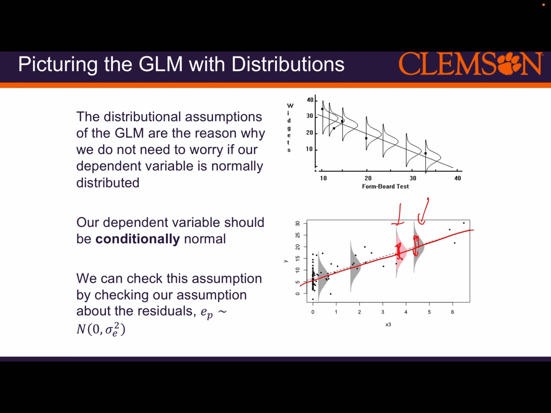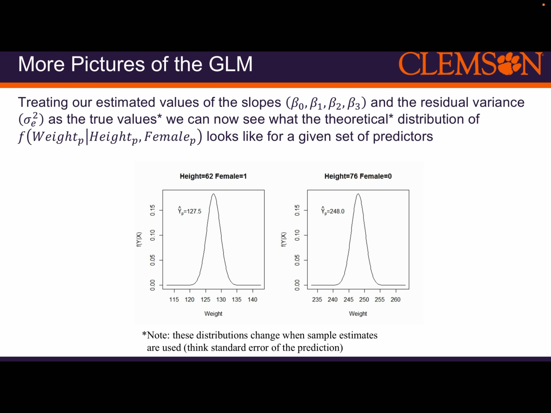That's that idea, that assumption of homoscedasticity, where we only have one parameter for the variance. Similarly, if we treat our estimated values of the slope, we could actually talk about the predicted distribution for somebody who is given values of height or female, right? So a 62-inch female.